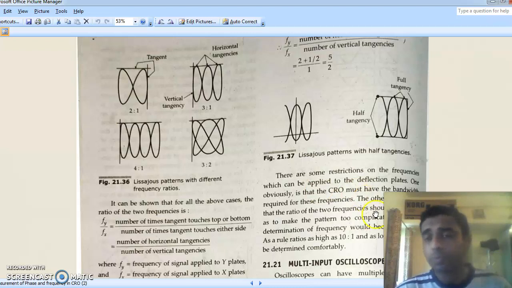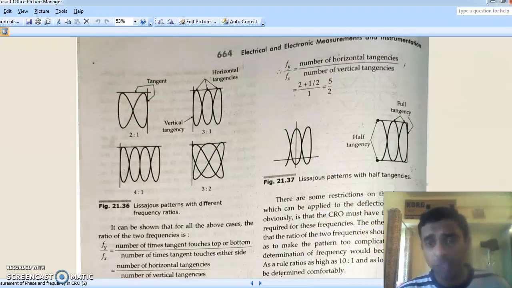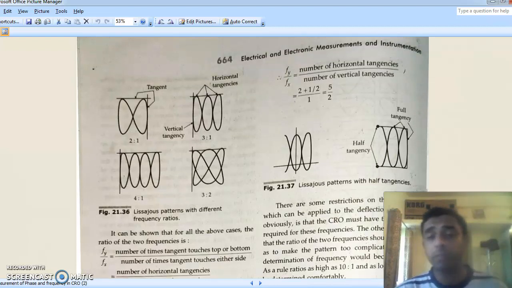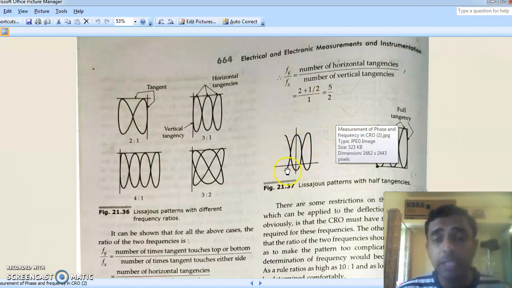Now, this is another case which we usually find in Lissajous patterns. You apply some signal, you are not sure about the frequencies, and you get a display, a Lissajous pattern like this.